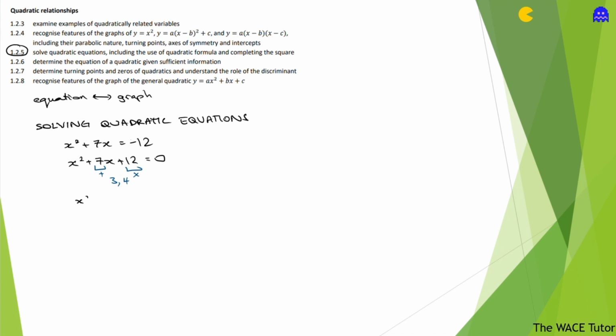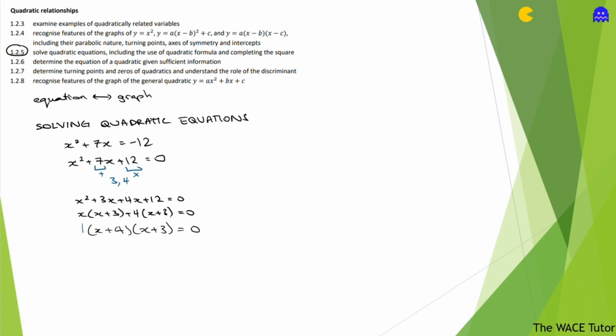And so as a result, we can write that as x squared plus 3x plus 4x plus 12, or x times (x plus 3) plus 4(x plus 3) equals 0. And then we can write this as (x plus 4)(x plus 3) equals 0.